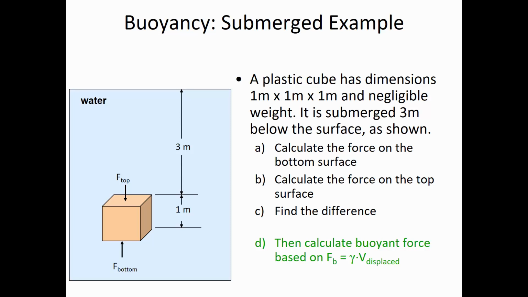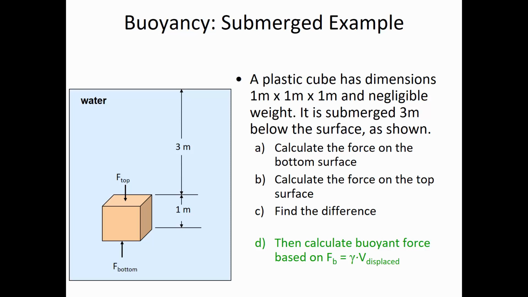And that's pushing upward. The force is going to be in the same direction as the pressure that's applied, and the pressure is acting perpendicular to the surface. And so if the surface is horizontal, then the force is vertical. So we've got an upward force of 39,240 newtons.